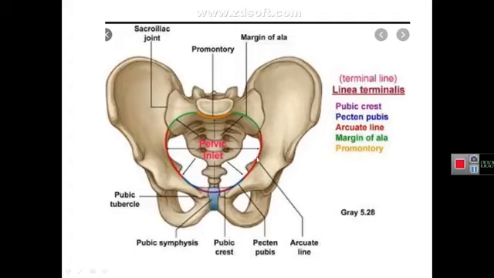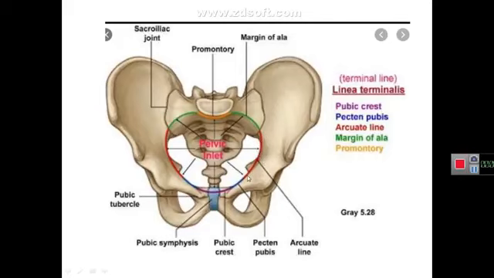More anteriorly, the linea terminalis is formed by the arcuate line of the ilium, which is the medial border of the ilium that separates the iliac fossa above it and the pelvic surface of the ilium below it. This pelvic surface of the ilium is the medial surface of the acetabulum.